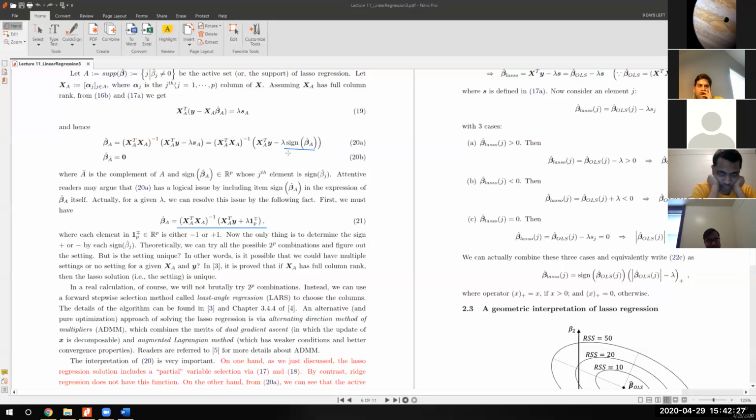Said asks: why in 21, the second part of beta hat A, it's plus lambda. Because I write it as minus plus rather than plus minus. When your sine beta A chooses 1, then it's going to be minus.